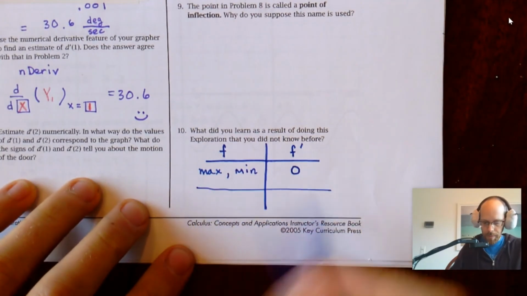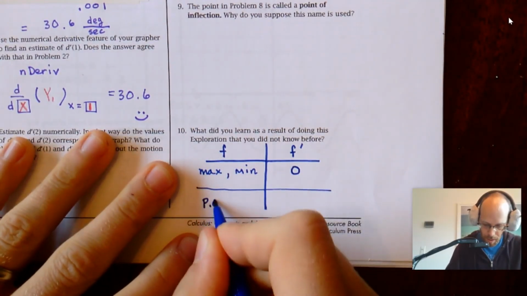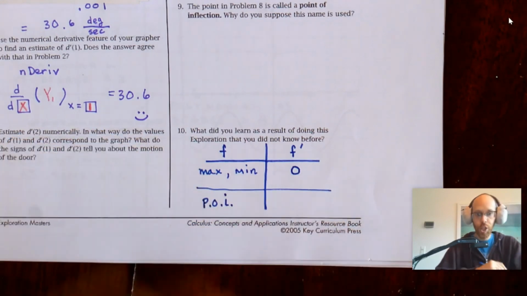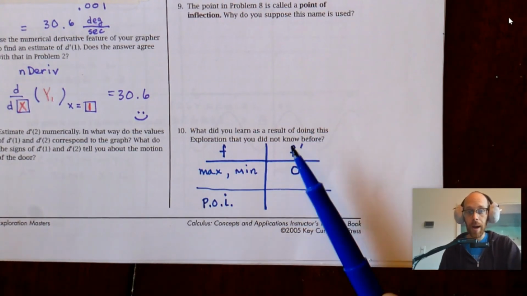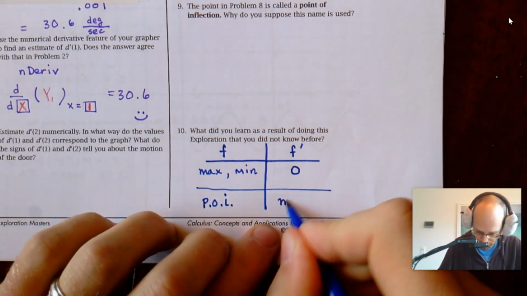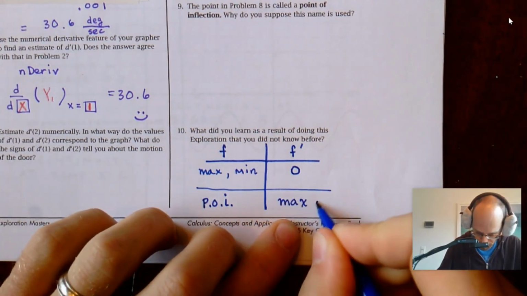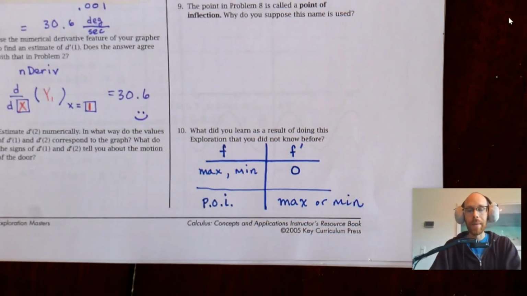The other thing we figured out is that if the function has a point of inflection, that's where it will have its steepest slope, which means what will be true on the derivative? That's right, the derivative will be at a maximum or a minimum.